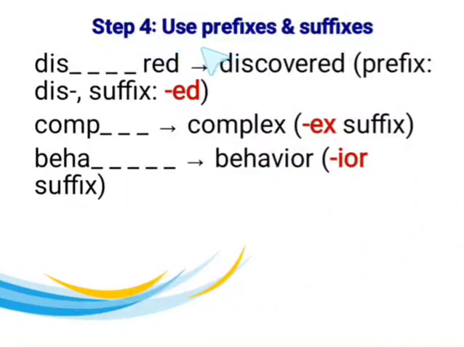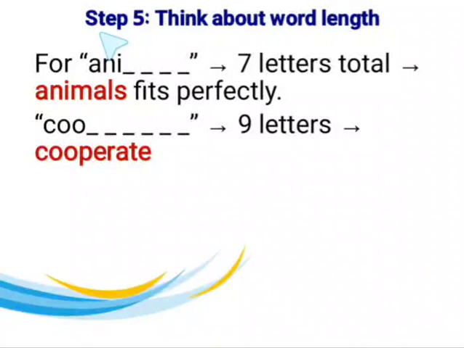Yet the other one is that you have to use prefixes and suffixes, like ed, which is a suffix, and dis, which is a prefix, right? A prefix is something you put or place at the very beginning of a word to make new words. Look, complex. Ex is the suffix, and ior is also a suffix.